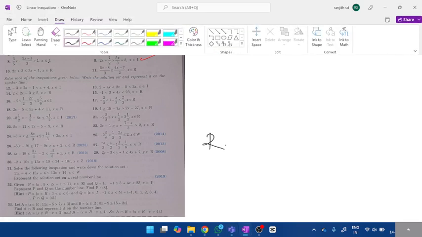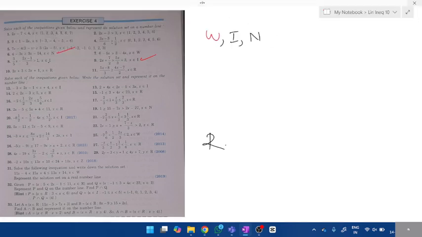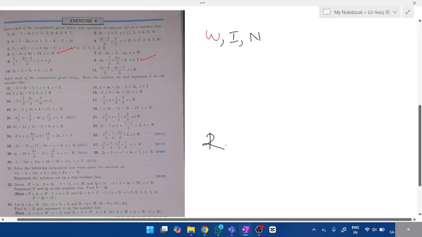Okay, now can you see the screen? Yes, sir. Fine.